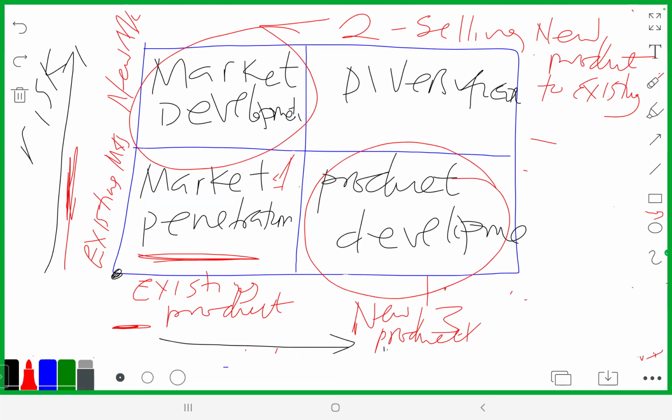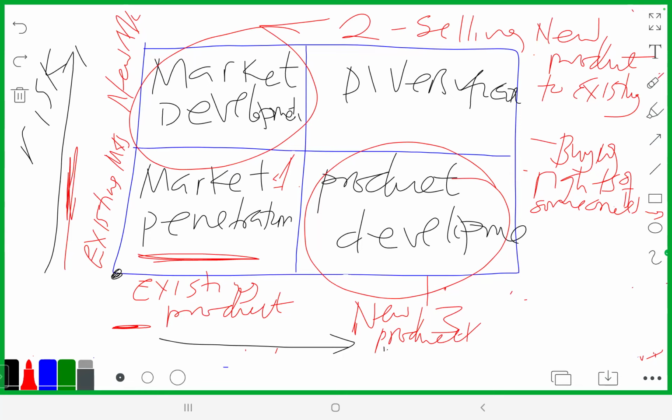And how would you do this? You'd think of buying the rights of someone else. Basically something like a franchise. You can use the name of the already existing firm.